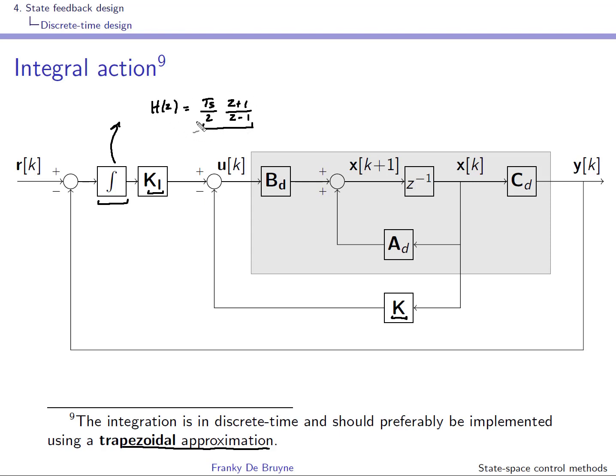Right? If you select a discrete time integrator in Simulink, there is a menu where you can choose the approximation in the discretization and choose trapezoidal.